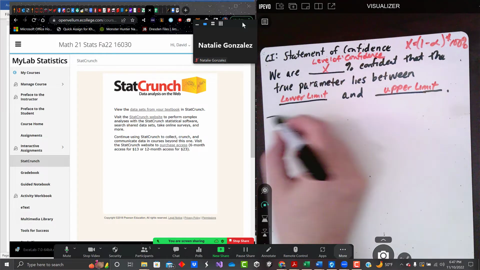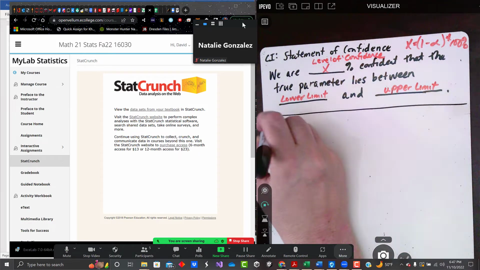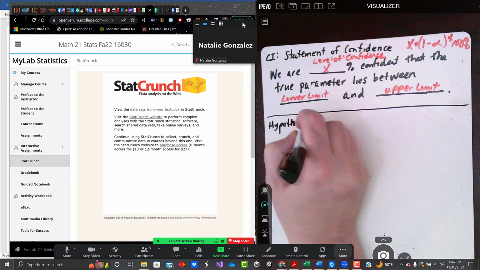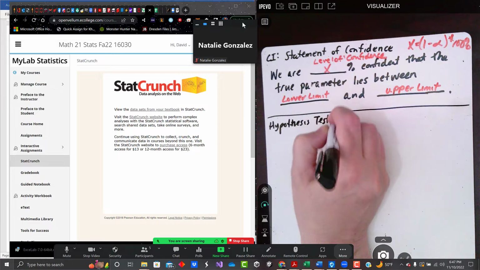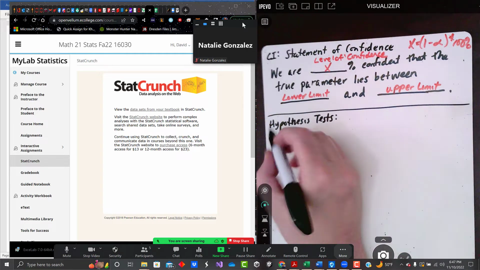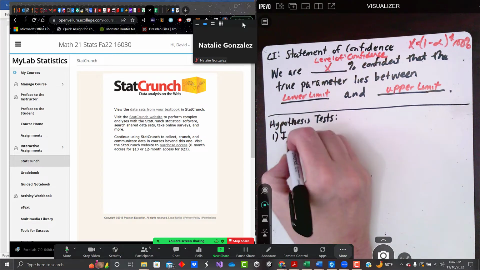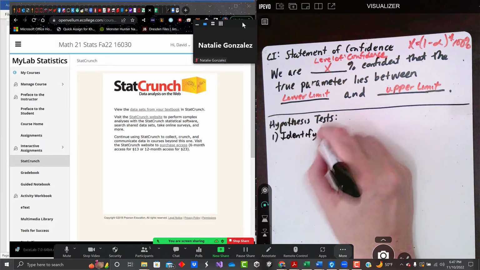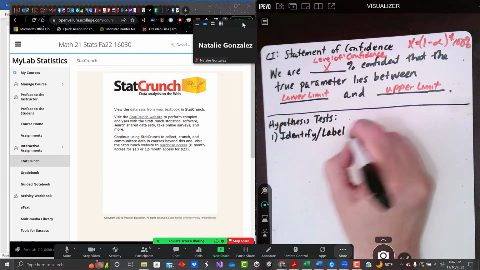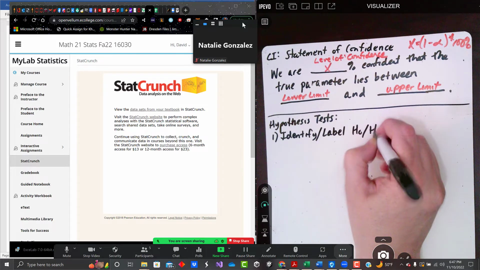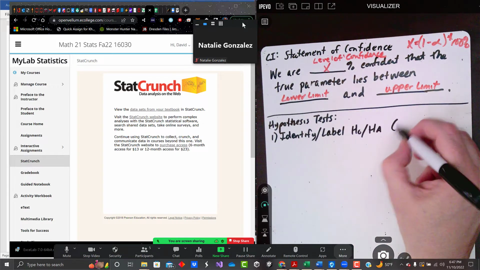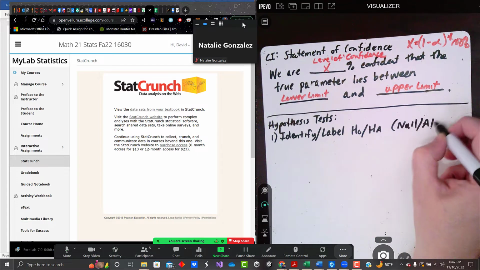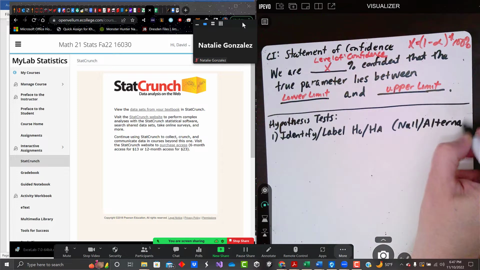And then we had hypothesis tests, which had 5 steps. Step 1 was to identify and label H naught and HA, the null and alternate hypotheses.